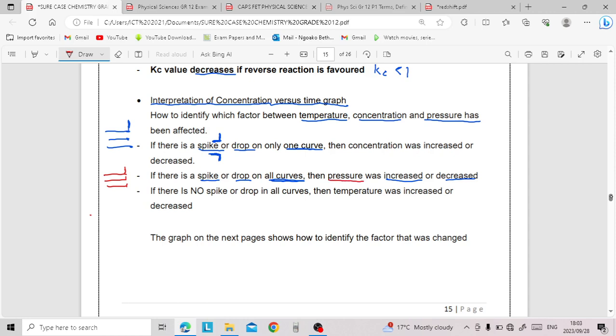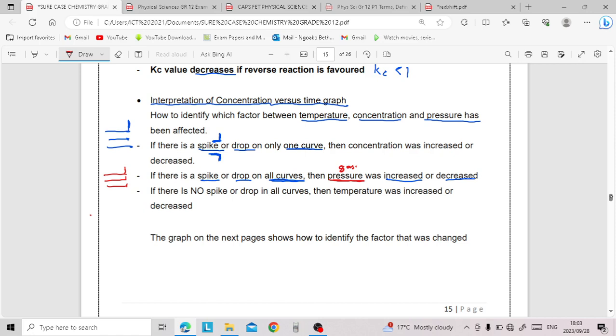And if it's pressure, it means that all of those reactants and products must be gases. If they are not gases, then it will not be a pressure change. But if you see this on all of them, that means the phases of the reactants and products are gases.